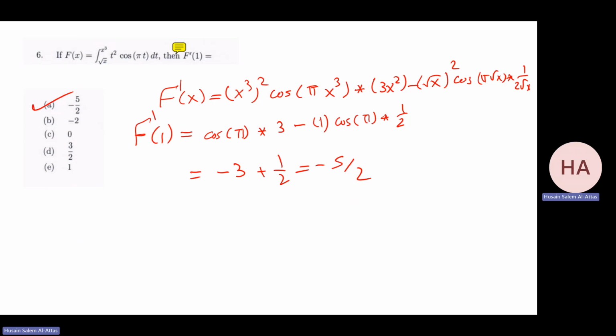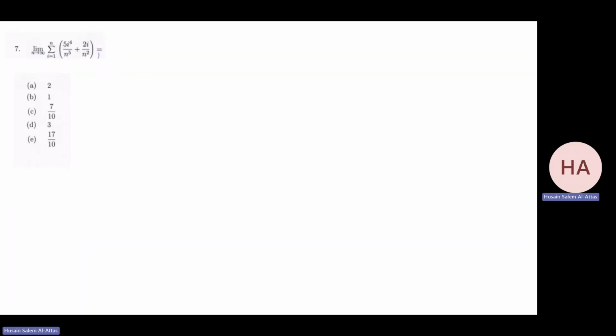Okay, next one. Summation. Linking this Riemann sum with the integral. I don't have 1 over n, I don't have delta x here. Okay.